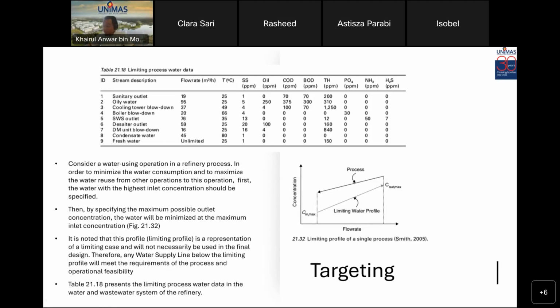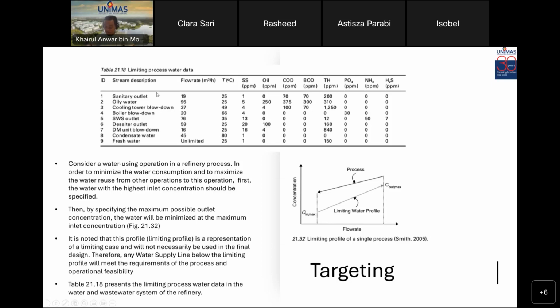Therefore, any water supply line below the limiting profile will meet the requirements of process and operational feasibility. Then table 21.18 presents the limiting process water data in the water and wastewater system of the refinery.